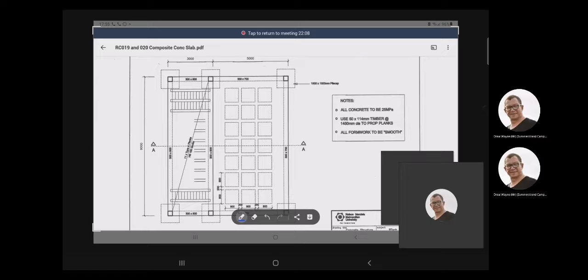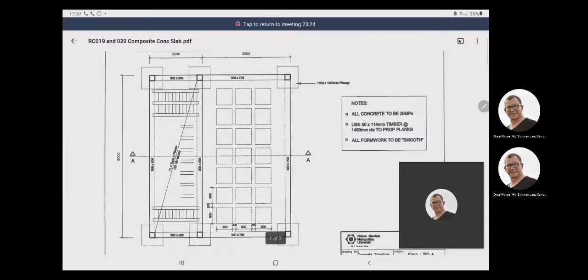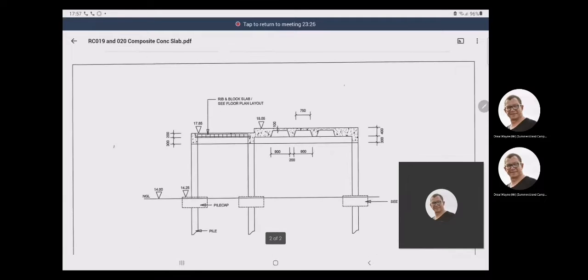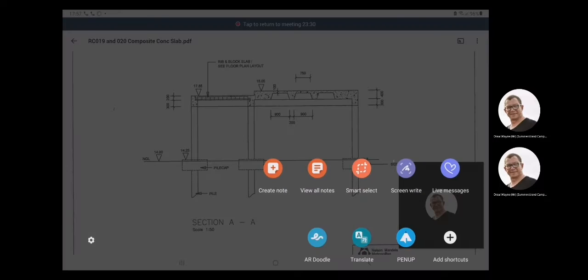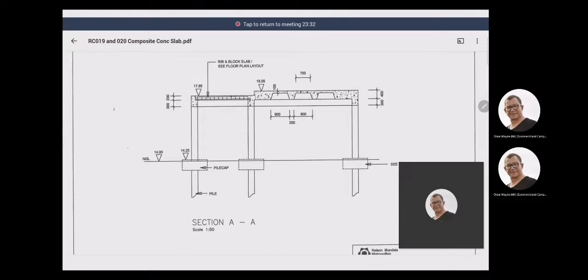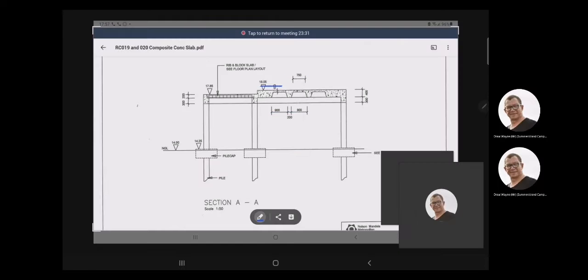I also need to measure that section over there. That section over there we would call a riser, as that is the step up between the one slab, the ribbon block slab, and my coffered slab.